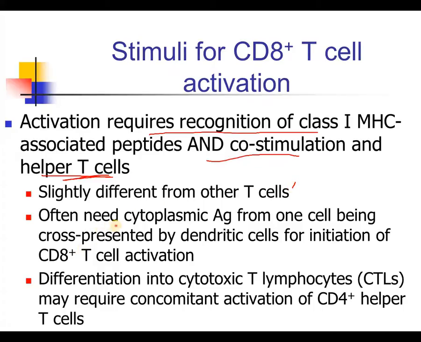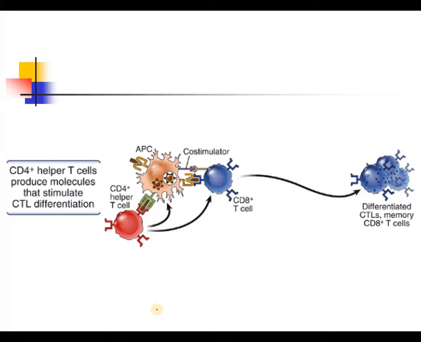It looks like they take the cytoplasmic antigen from one cell that's being cross-presented by dendritic cells for the initiation of the CD8, mature but naive CD8 T cell to be activated. And they then will be able to differentiate into cytotoxic T cells. It does appear that it requires concomitant activation of CD4 positive helper T cells. I've noted this before. Here this is again in picture form, where we have this cross-presentation.